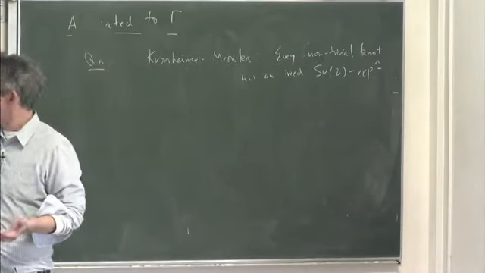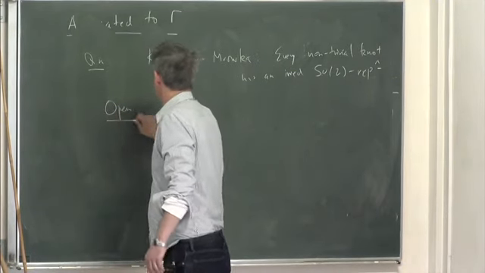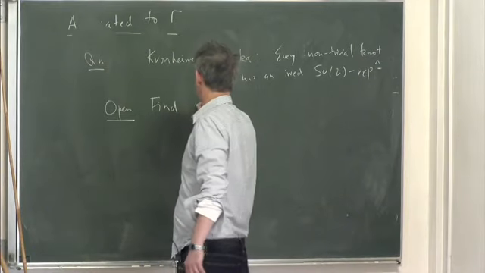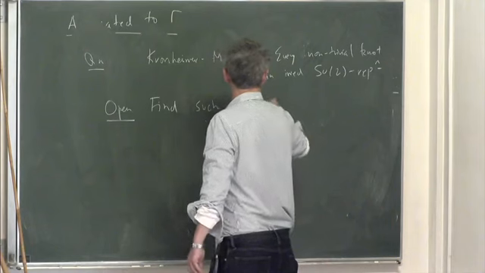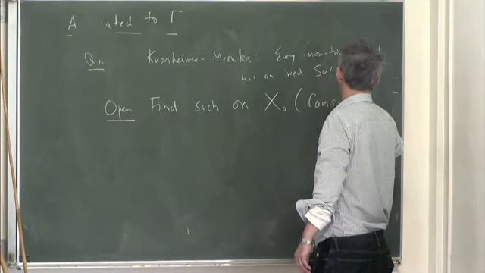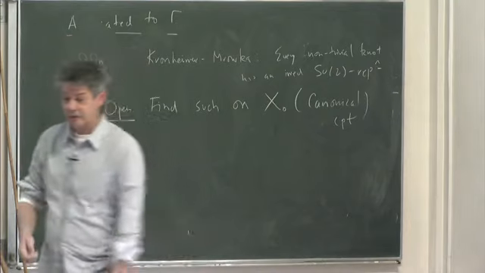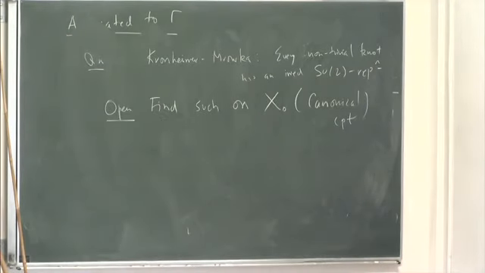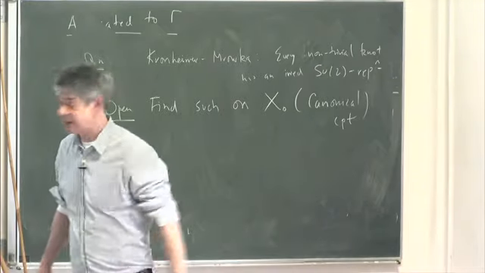Now, what they don't do, and what's still open, is to find such a representation on the canonical component, and I don't know if I called it yet, so that's going to be X0. So find one of these SU2 representations on the canonical component, so that's open, and one might try to approach that using the structure of these quaternion algebras that arise from Dehn surgery on a hyperbolic knot complement to prove that you are ramified at some real embedding.